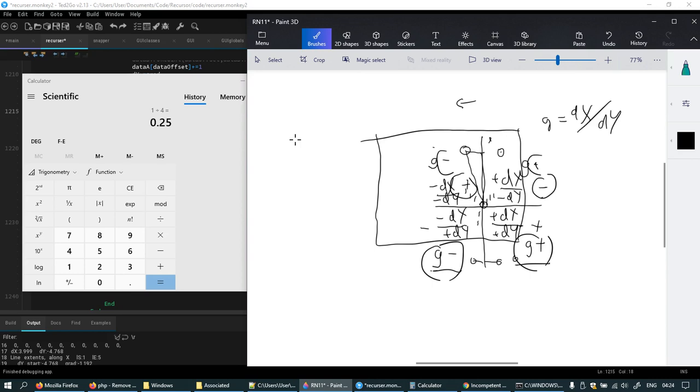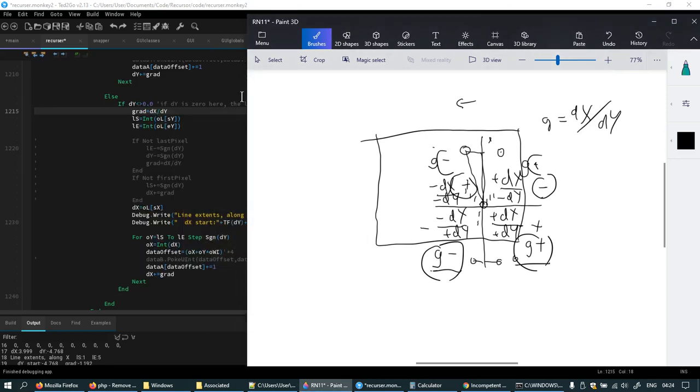It feels like, obviously there's the obvious answer, which is I just say, okay, fine. In here, I could add a line after here which says, if dy is less than 0, which is to say if it's in the upper half of this situation, multiply grad by -1.